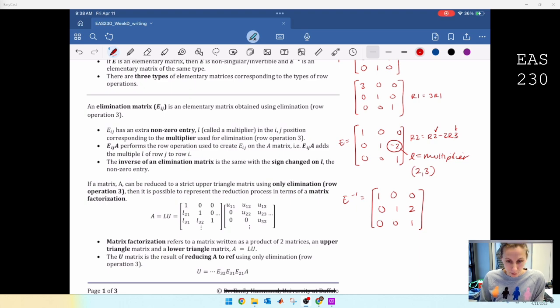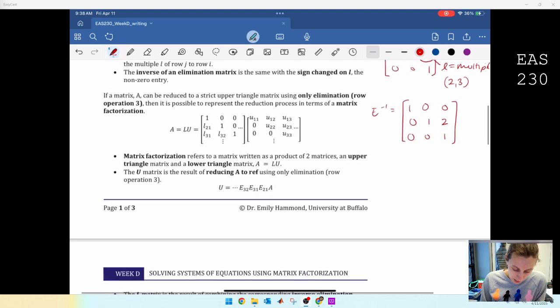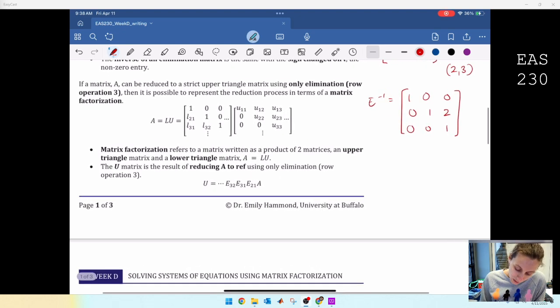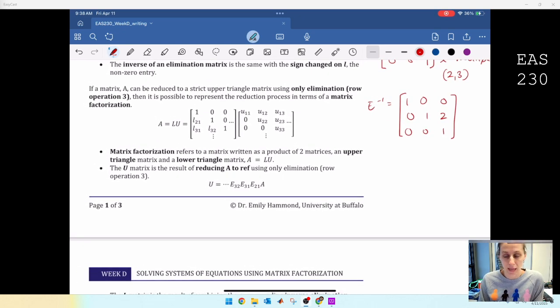Okay, so why do we even care? It turns out that we can go ahead and use matrix multiplication in order to represent row operations. So if a matrix can be reduced to a strict upper triangle matrix, this being REF, using only elimination, so only row operation 3, then we can represent this reduction process in terms of matrix factorization.